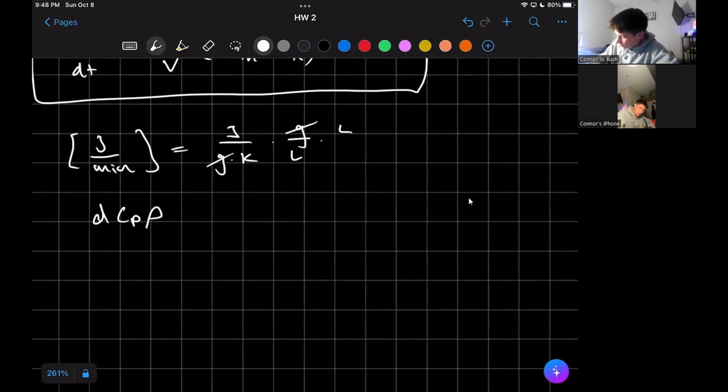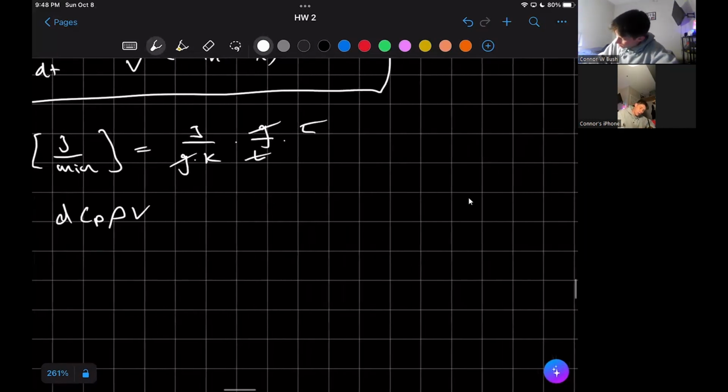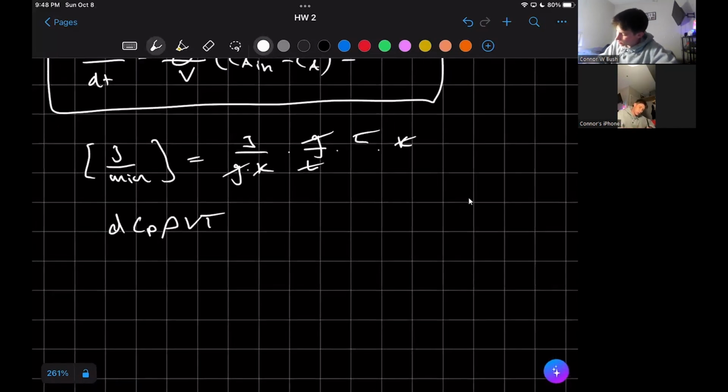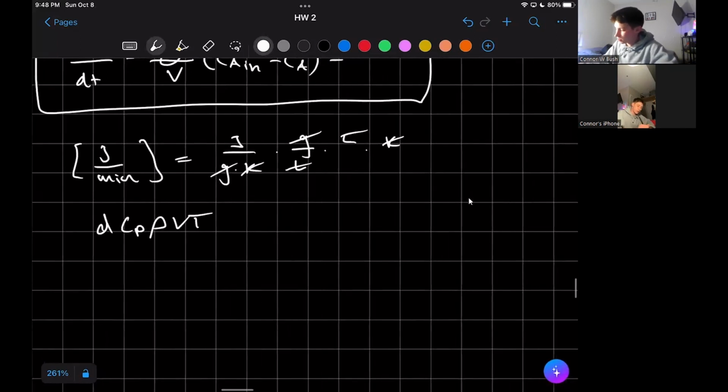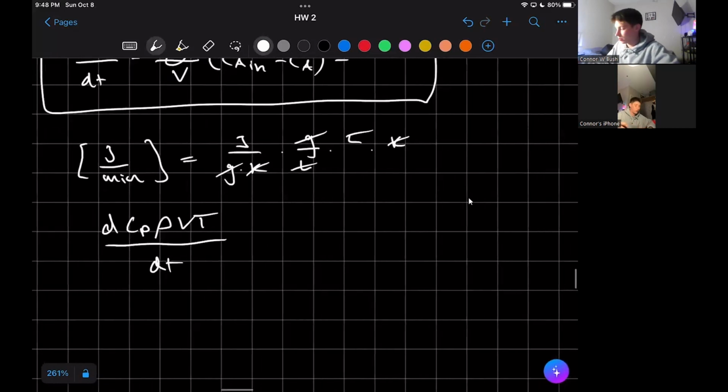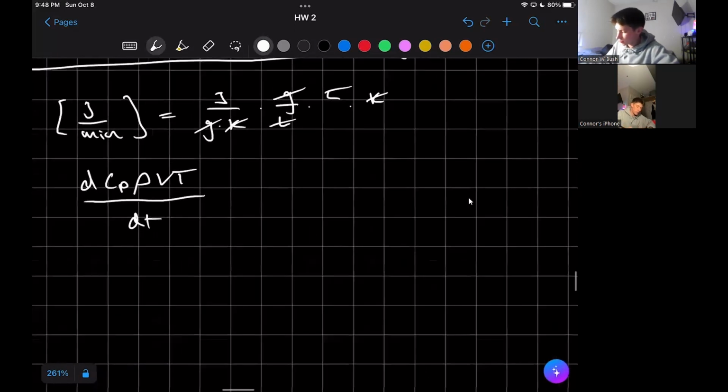Multiplied by volume, it gets rid of the liters. If we multiply by temperature, that gets rid of the temperature unit on the bottom. So we're just left with joules on top. And then on the bottom, it's just dt. So that's where we get our time factor.